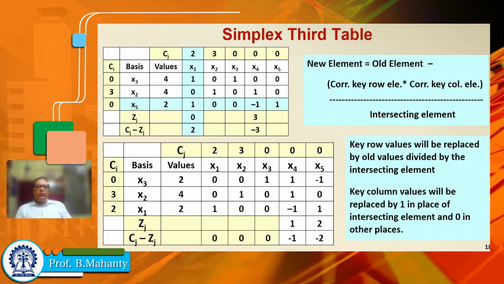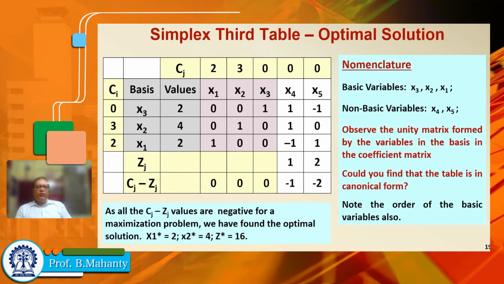So this is how we get the third table. An interesting thing to note, look at the third table. All the cj minus zj values are negative for a maximization problem. So it is a maximization problem and the cj minus zj values are all negative, which means that to bring x4 or x5 into the basis, the profit is not going to go up, the profit is only going to decrease.